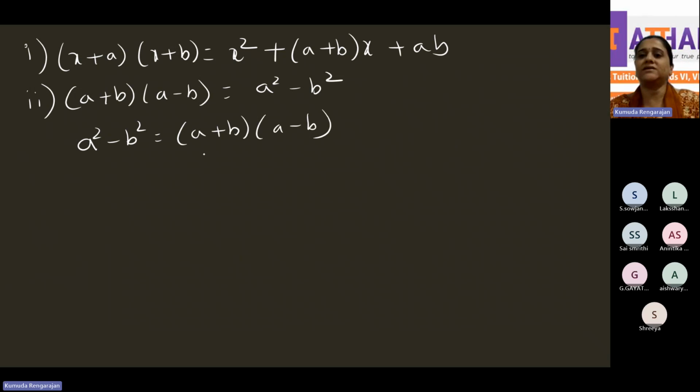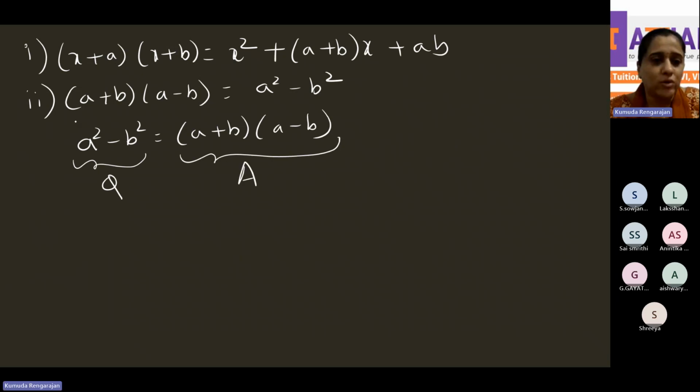See, the identities actually work like this. If the question is of this form, then the answer will be worked using this. If the question given is like this, then the answer will be worked like this. An identity is an equation, right?